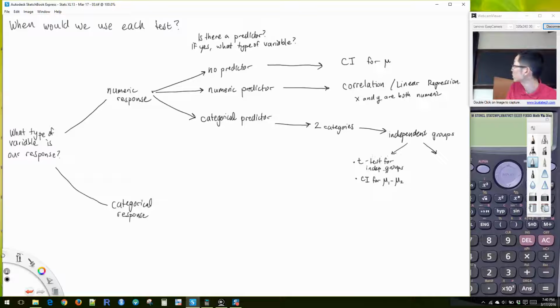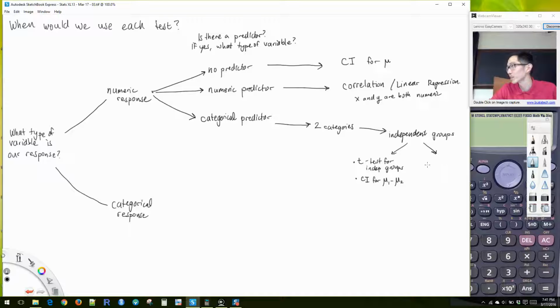We've got two categories. I think the example in the book was whether norepinephrine levels in mice are different if the mice received toluene versus control.